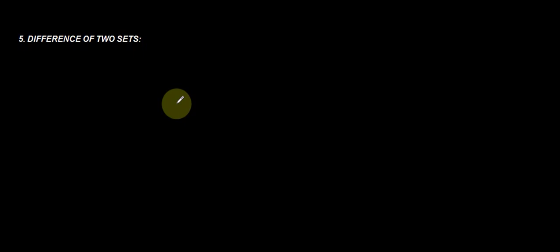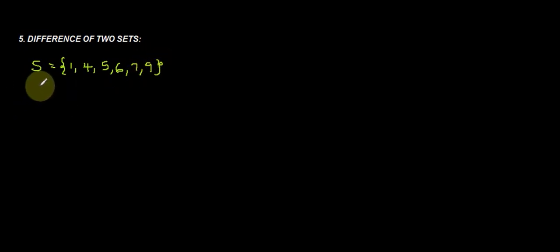Let's say we are given set A. Let's not use set A, let's say set S to be 1, 4, 5, 6, 7 and 9, and our set T is giving us 1, 2, 3 and 4.